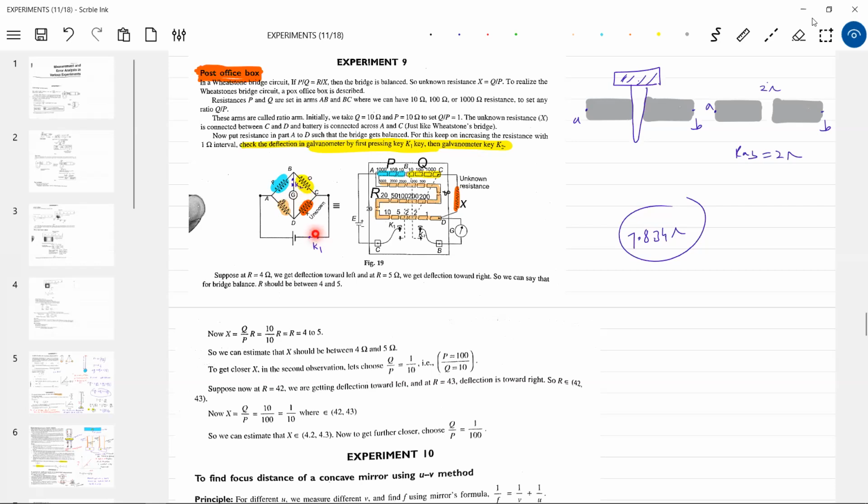When you press the battery key K1 first, the circuit will be like an RLC circuit, and we know the current will be a varying current. A transient current will flow for a short duration of time.